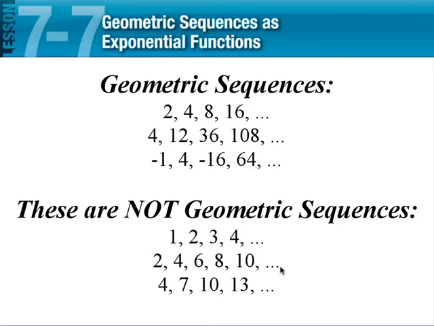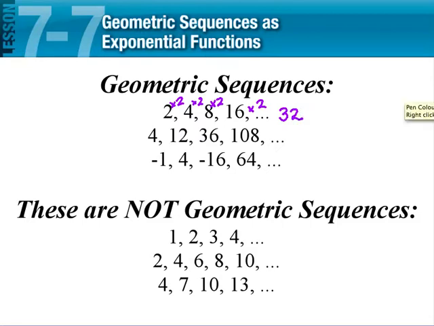What are some things that you notice about a geometric sequence? On the geometric ones, you multiply. Up here on the top, what do I multiply by? 2. So I multiply each and every number by 2, and the next term would be 32.